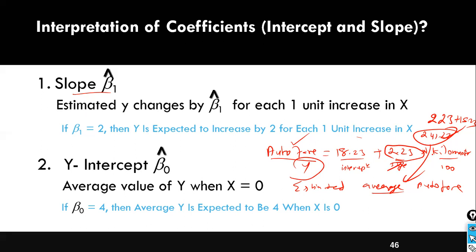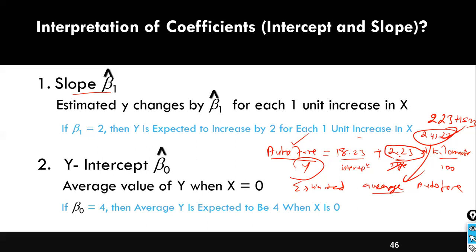For every increase of 1 kilometer, that is the increase in my auto fare. In this case, it is 2.23.